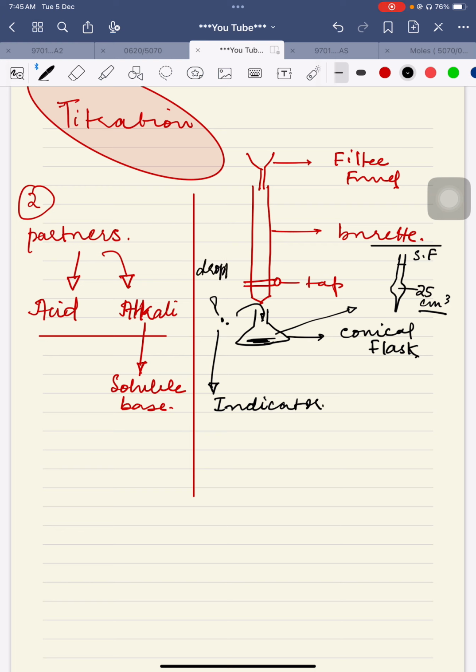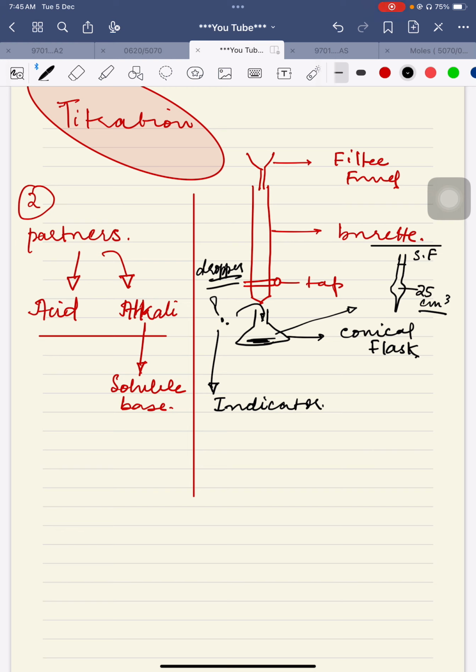Sometimes the dropper has calibration marks on it, and sometimes it can be a simple glass dropper, with a rubber knob at one end and a soft plastic or glass tube through which the liquid can be shifted from the indicator bottle to the conical flask.